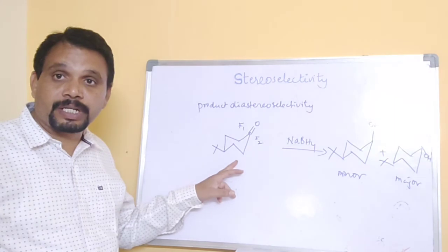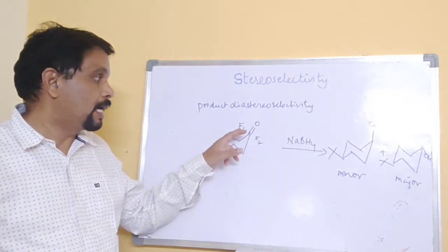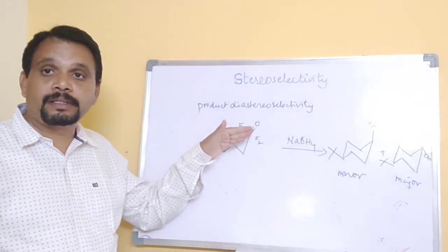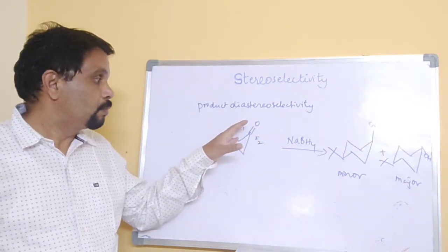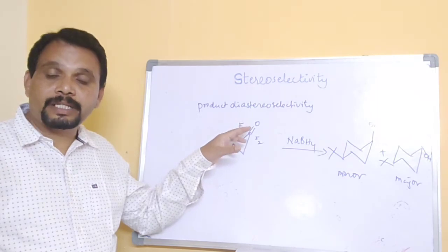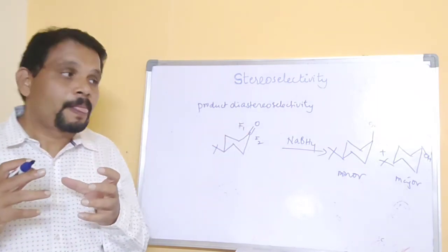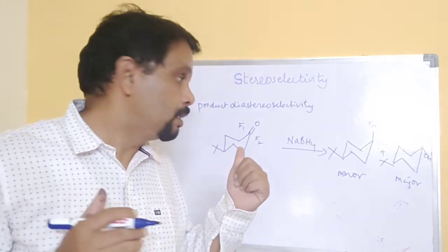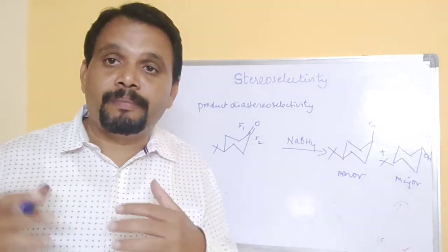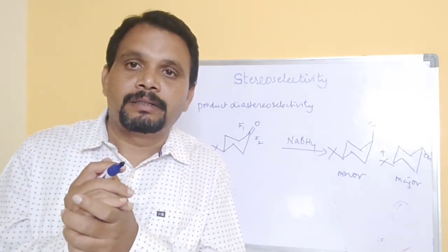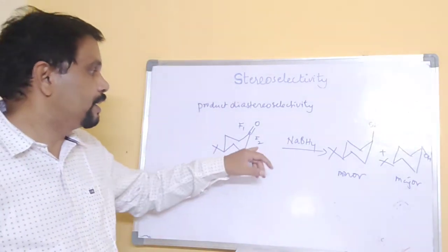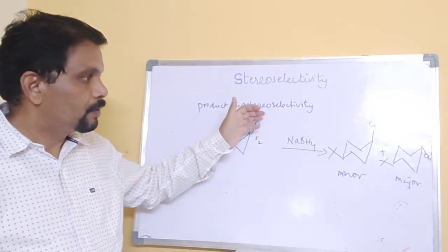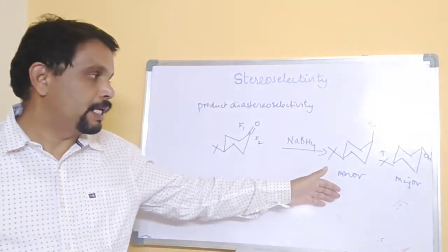The substrate in this example has two phases, F1 and F2, below the plane and above the plane. So both sides are there, front side and back side. The reagent is able to attack the reaction site from the back side or the front side. If it reacts from the back side, you will get one diastereomer.